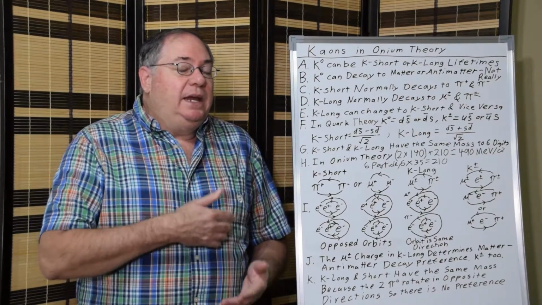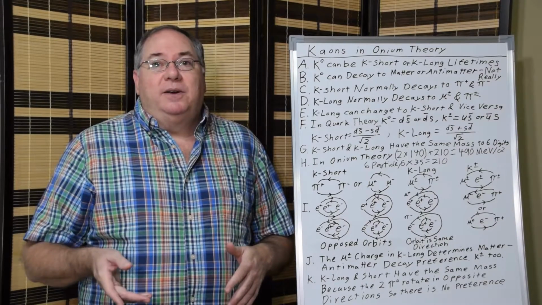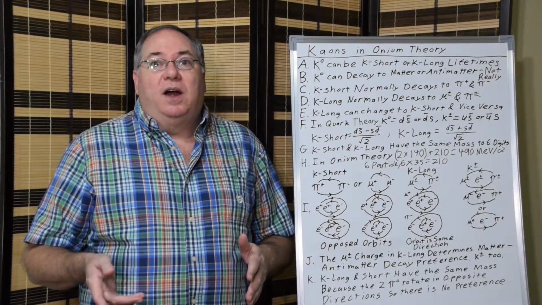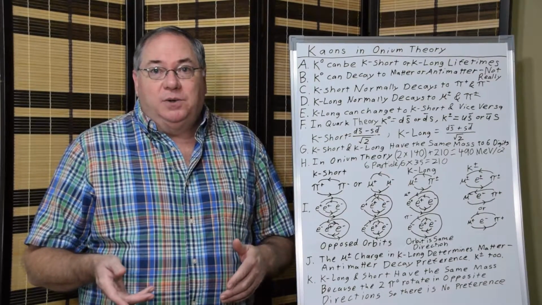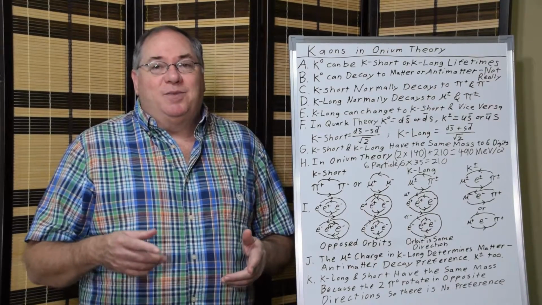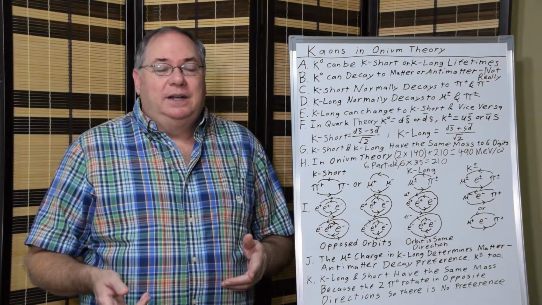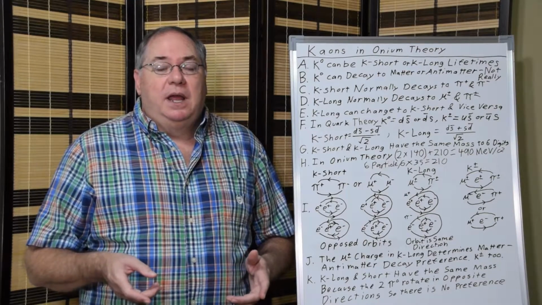Now, within the quark theory, they say that the matter K naught is a down quark and an anti-strange quark, while the antimatter K naught is an anti-down quark and a strange quark. So you have two mirror combinations.